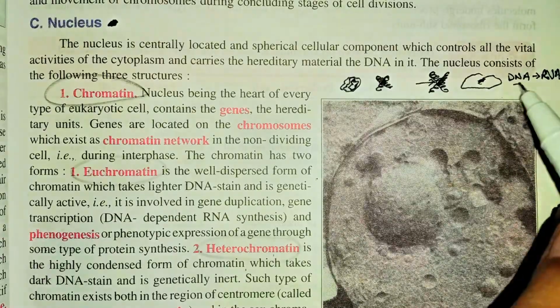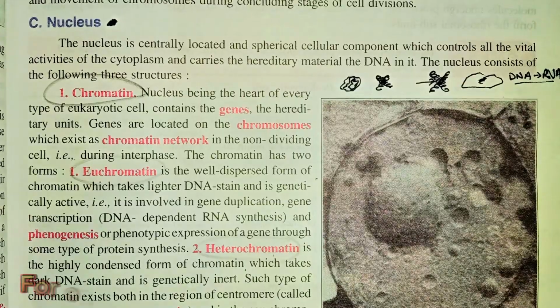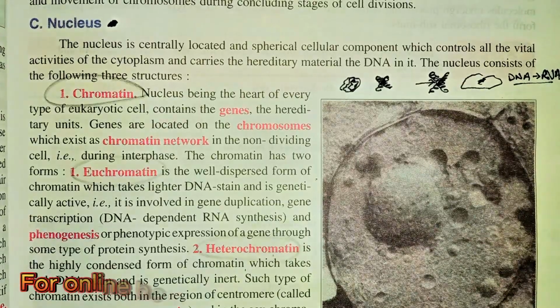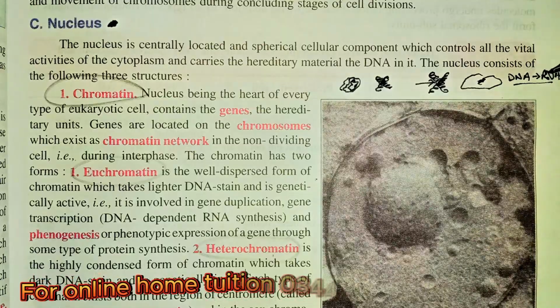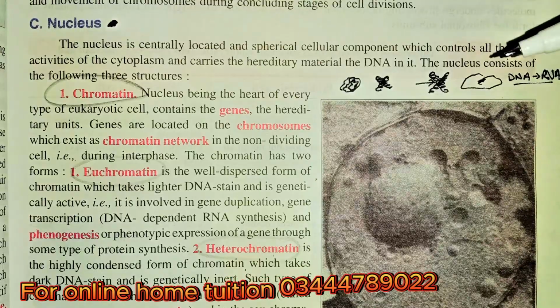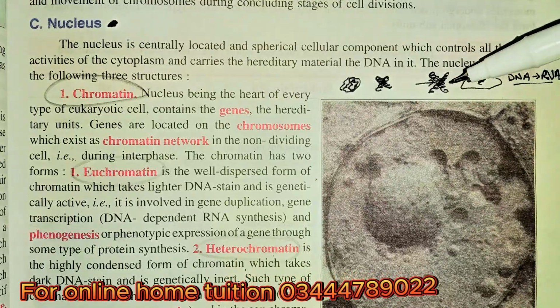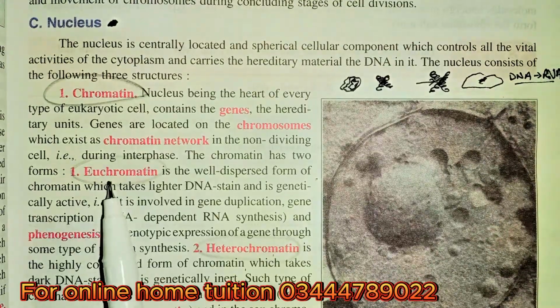That is called transcription. If DNA is not performing its central dogma or RNA function, if DNA is not making RNA and its machinery is not being used, then that part of the DNA, the part of the chromosome, the part of the chromatin is euchromatin.